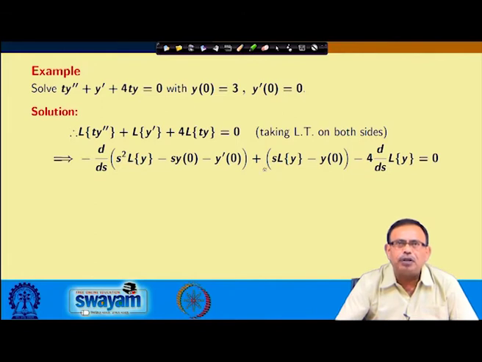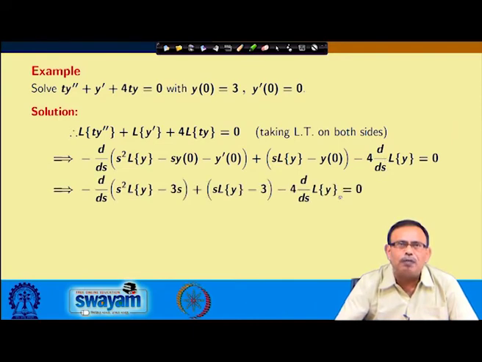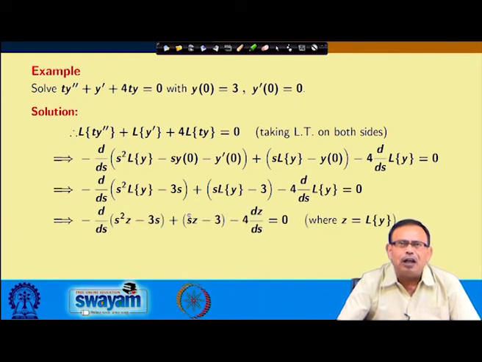I am substituting the value of Laplace transform of y double dash, plus Laplace transform of y dash, which I know is s into Laplace transform of y minus y(0). Again Laplace transform of t y is minus d/ds of Laplace transform of y. Please note these things. So, it will become minus 4 into d/ds of Laplace transform of y. Now substituting the values of y(0) and y dash(0), I am obtaining this.